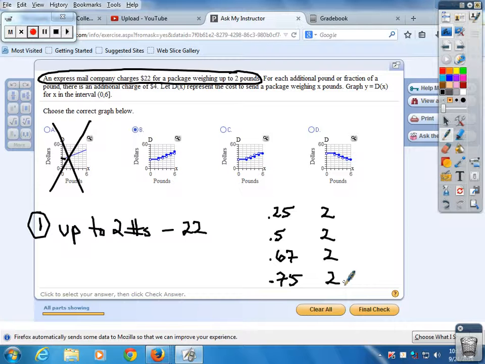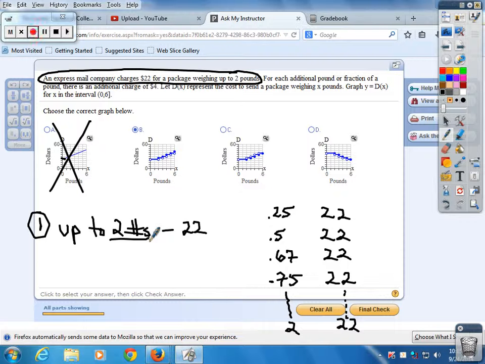All the way up to what? No, isn't it $4 a pound? So it's 22, sorry, I had 2 on my mind. Okay, up to 2 pounds, you're gonna pay $22. So that's why you have a flat line up to 2.